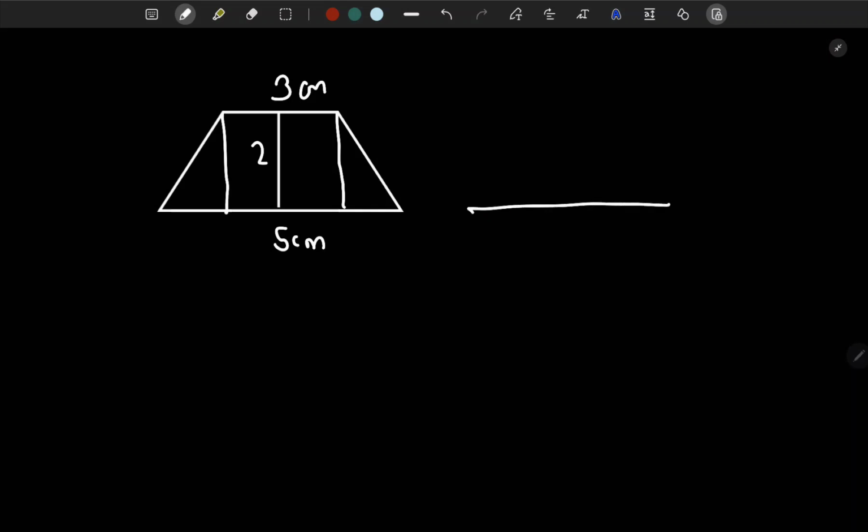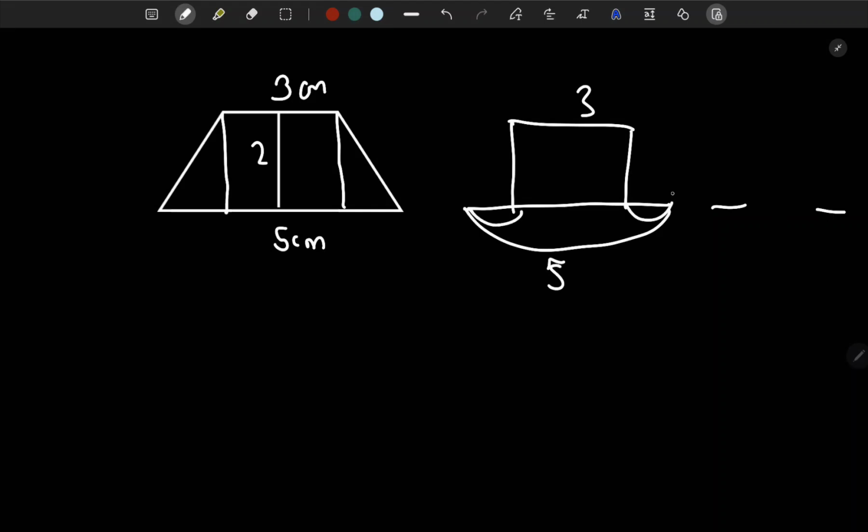So here we have this 3, this entire thing is 5, and if we subtract 5 minus 3, we will be left with these parts over here, right? These two parts are the bases of the triangles. So 2 is equal to 2 bases, since we have 2 over here, so 1 base is equal to 1.